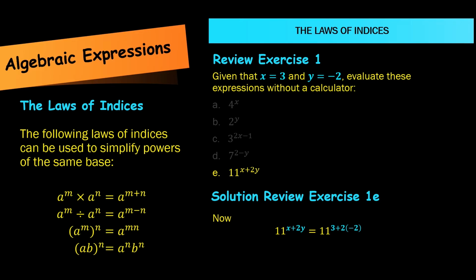Substituting in the values for x and y gives us that 11 to the power x plus 2y equals 11 to the power 3 plus 2 times minus 2, which is equal to 11 to the power 3 minus 4. And this is equal to 11 to the power minus 1, which is 1 over 11.